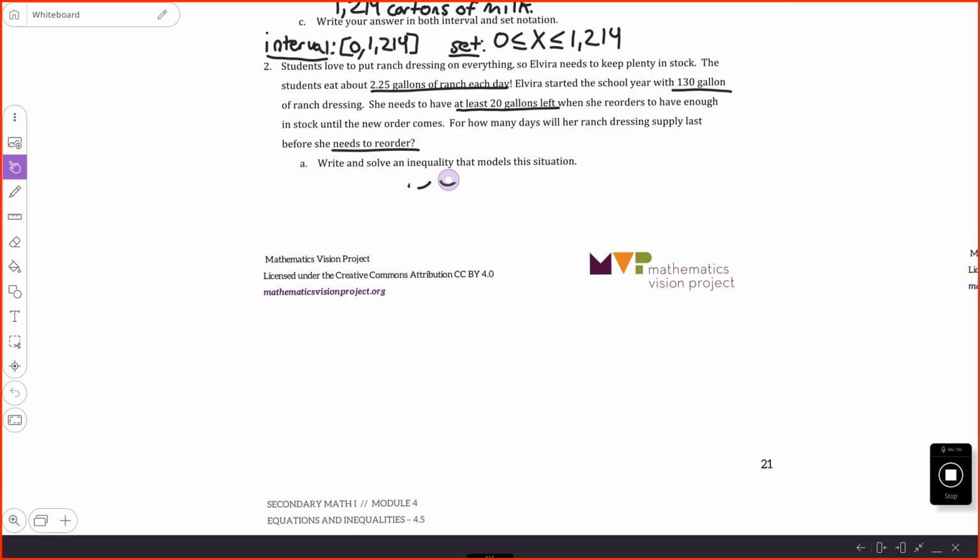So I started with 130, and I'm subtracting 2.25 gallons per day. And I need that to be greater than or equal to 20, because as soon as we hit 20, we need to reorder. At least.